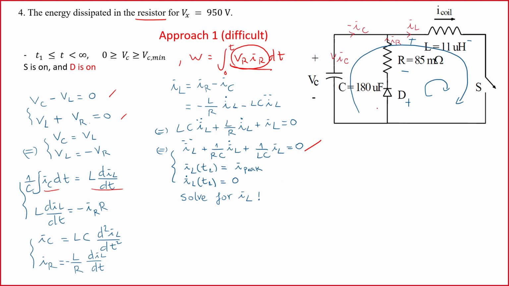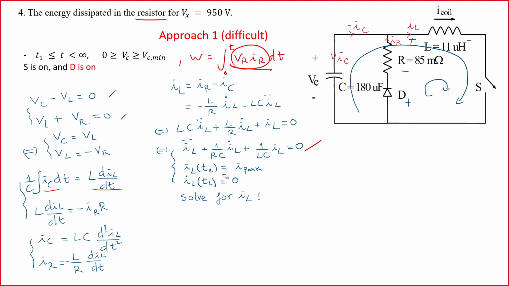If you still remember, you have L and resistor in parallel with capacitor. The equation always has this form, 1 over RC, 1 over LC, like this. And for this equation you have initial conditions for the current on the inductor. The initial is at T1, right?